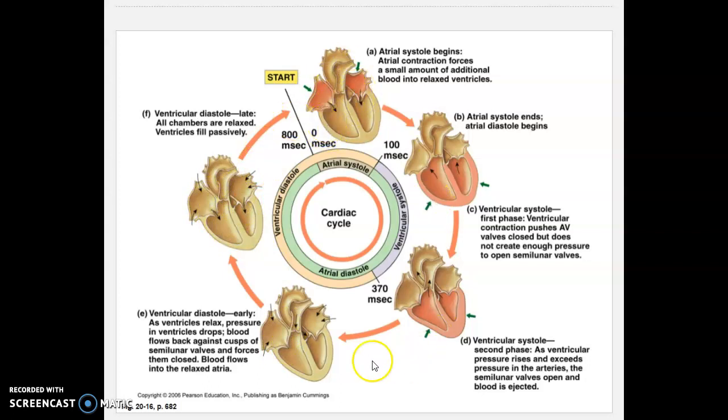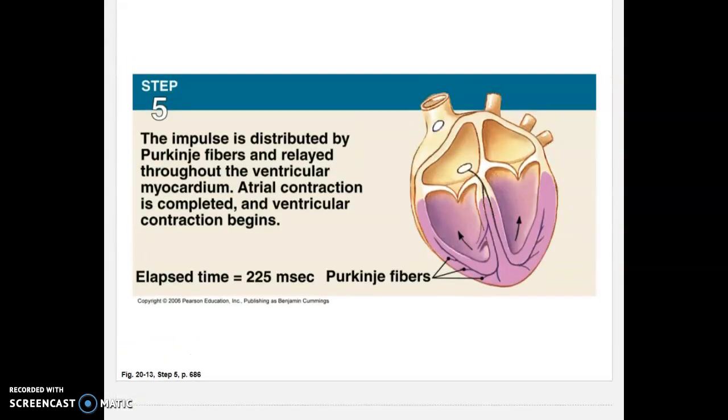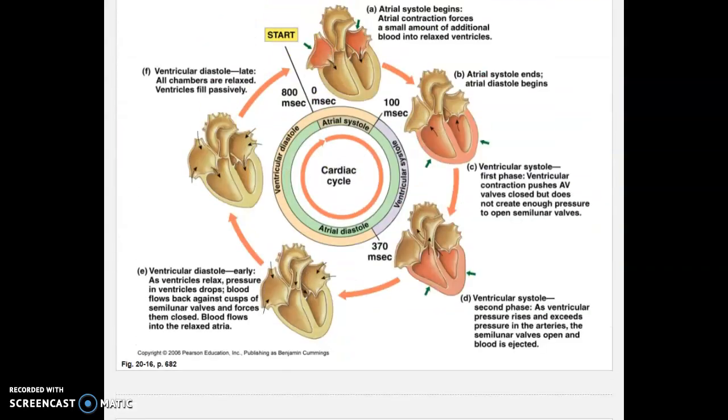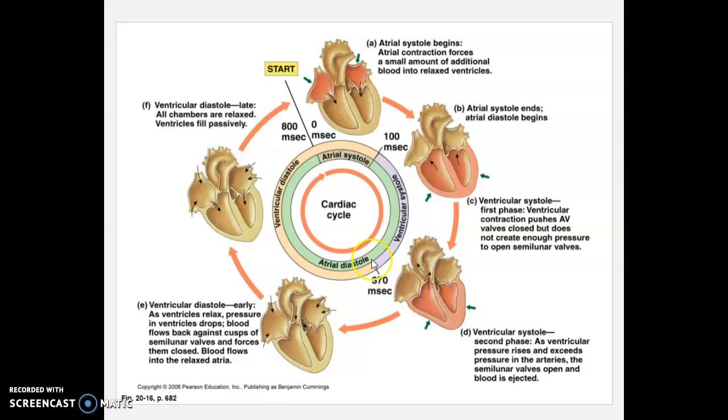And notice all this occurs in about 800 milliseconds. Okay, so again, even when we were talking about our timing back here, we said the whole time for the signal to travel from here all the way down and across was 225 milliseconds, because we know that in reality, the contraction actually only has that 370 milliseconds, and actually the ventricular contraction was only 270 milliseconds.